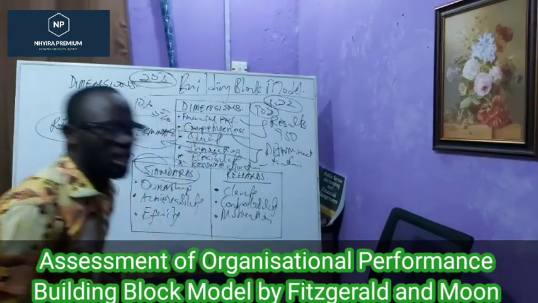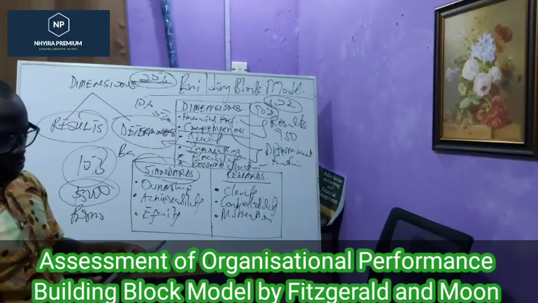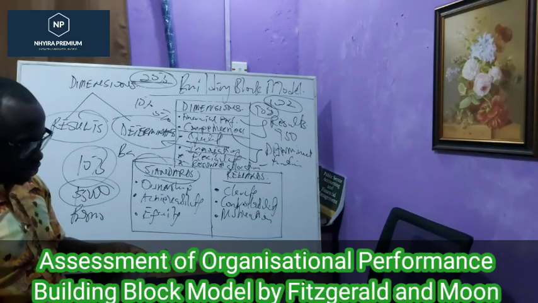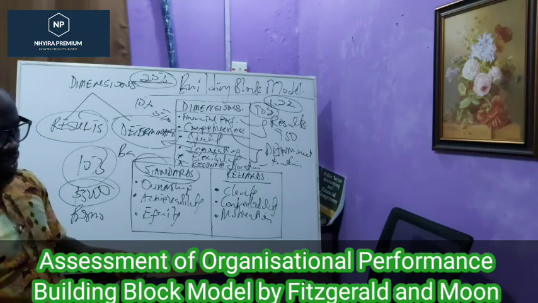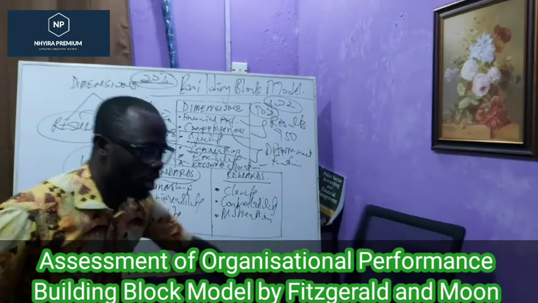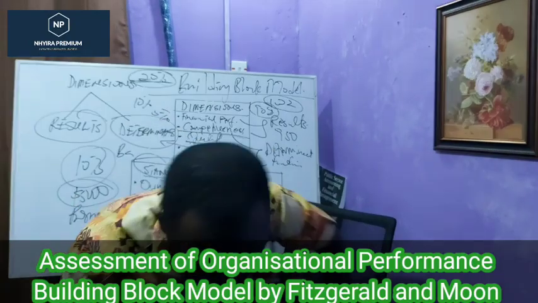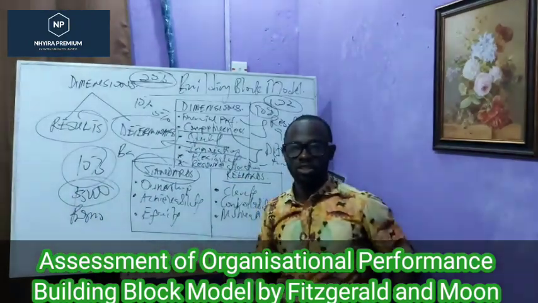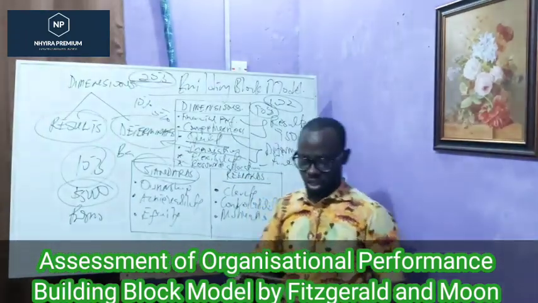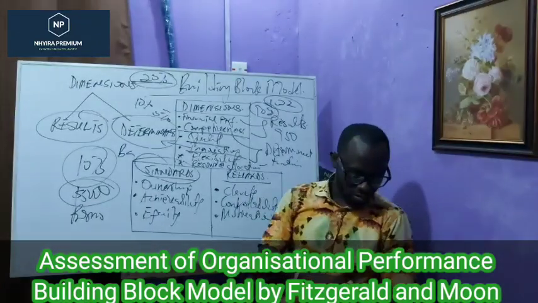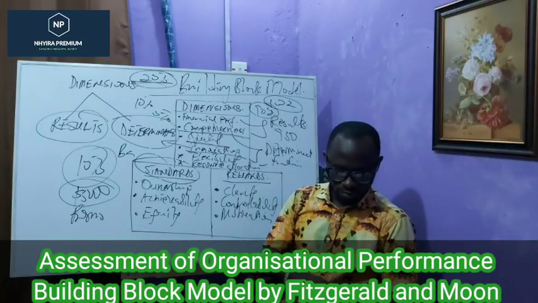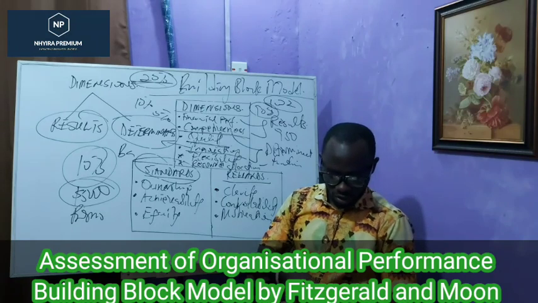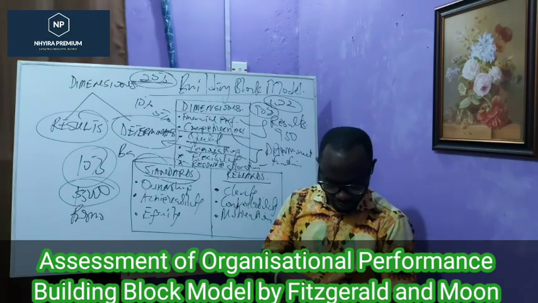These are what you must understand when we talk about the Fitzgerald and Moon. It is a tool that is used to assess organizational performance, usually for service organizations. So if you have any questions, you put them in the comments below the video, and I'll be answering all of your questions for you in relation to that.